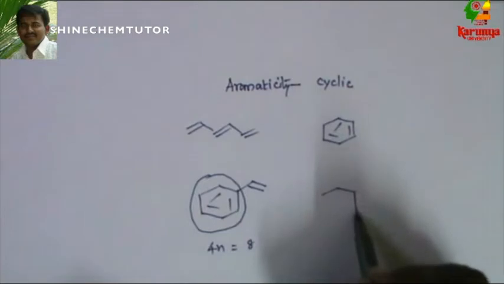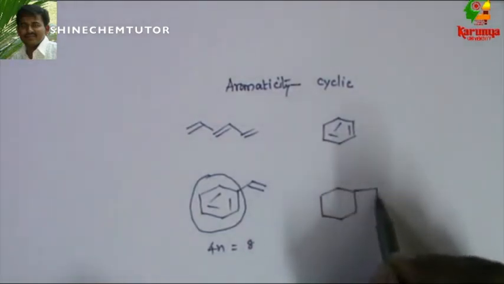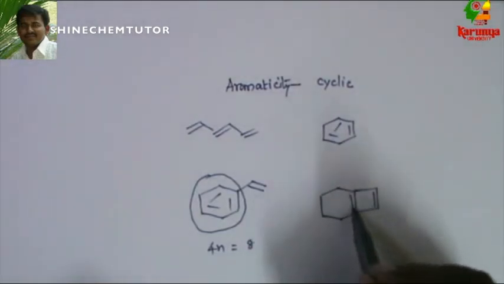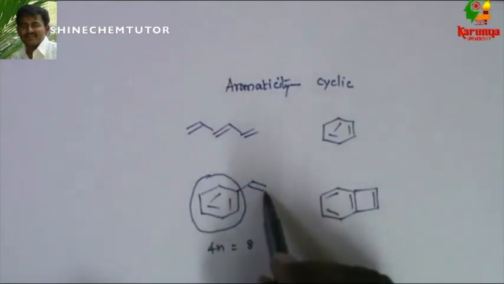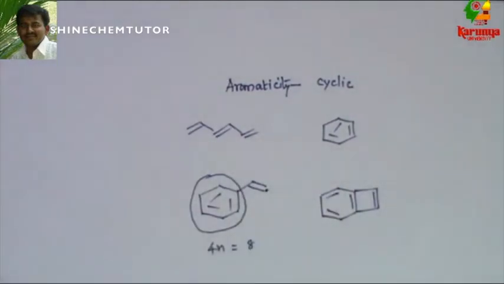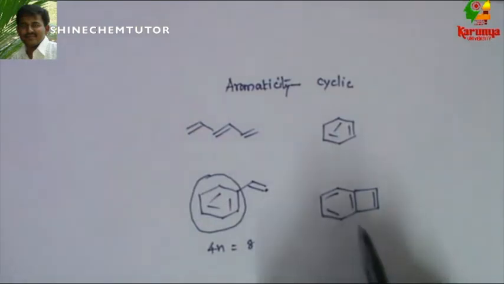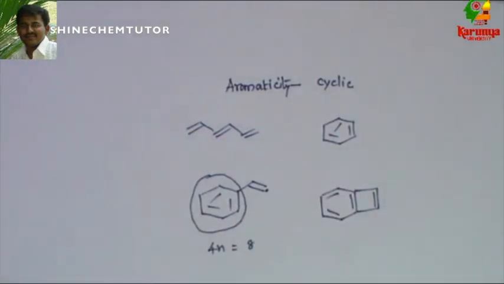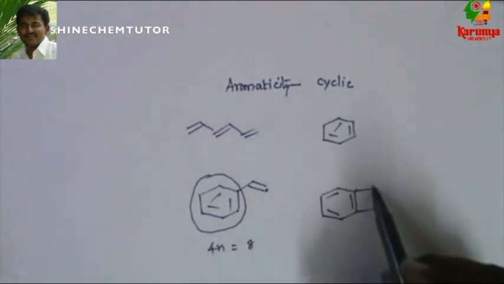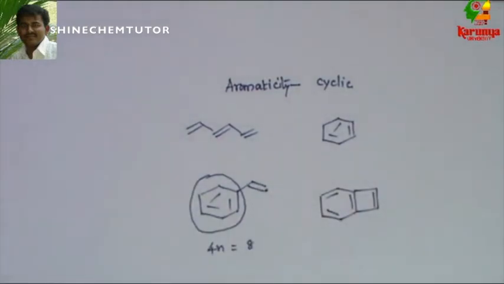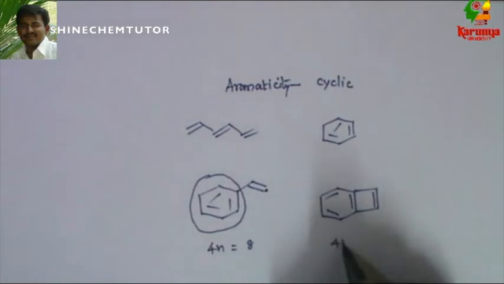If the compound is something like this, if a bond is formed between this and this, you may get this. I don't know whether this compound exists or is available. But now, the whole system is cyclic. You have to consider this double bond also. So the number of electrons is the same.